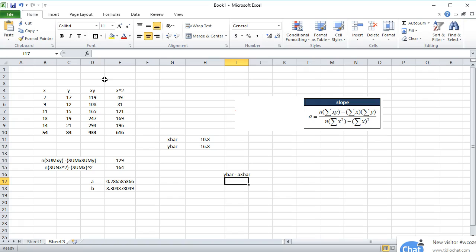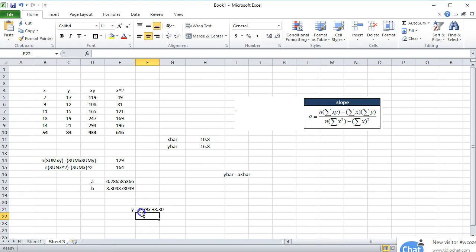Okay, so now that we have that, we're ready to create our equation. Our equation here, I'll do it right here: y equals 0.79x plus 8.30.